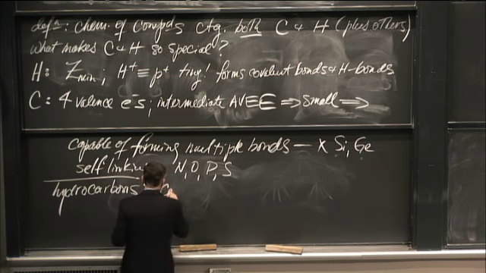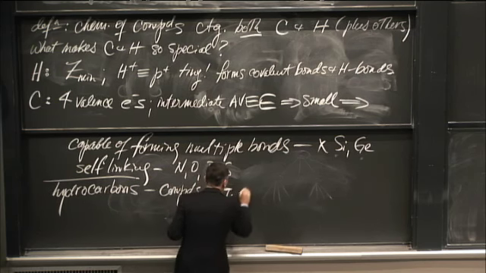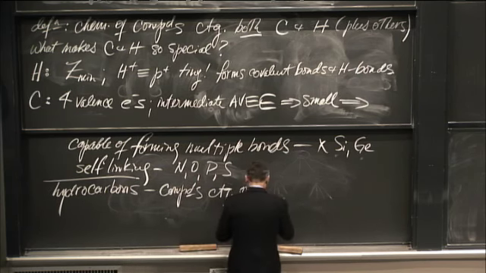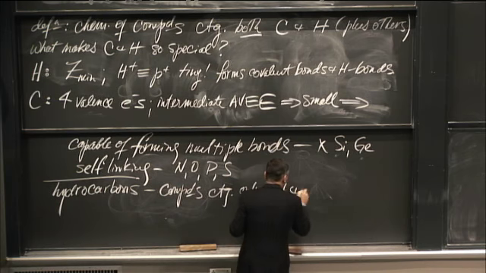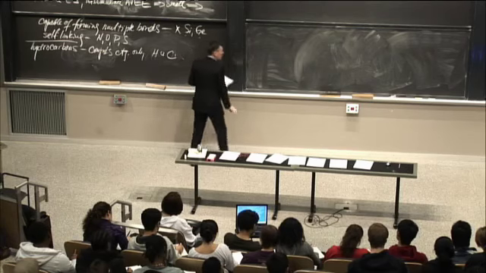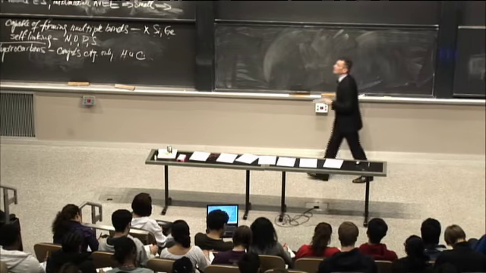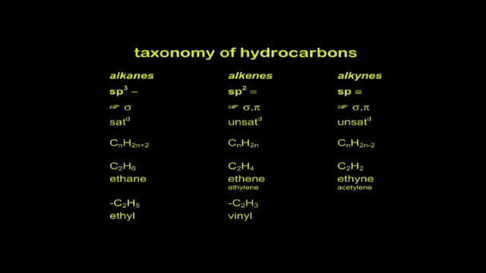So these consist only of hydrogen and carbon, compounds containing only hydrogen and carbon. And so I'm just going to go down that chart, and we'll go through. So the first one on the left is the alkanes. I'll look at the alkanes.